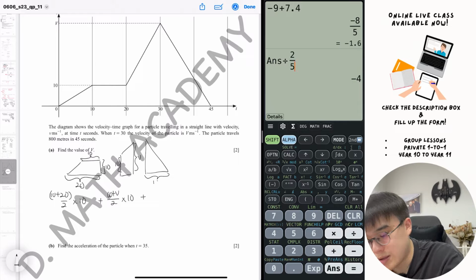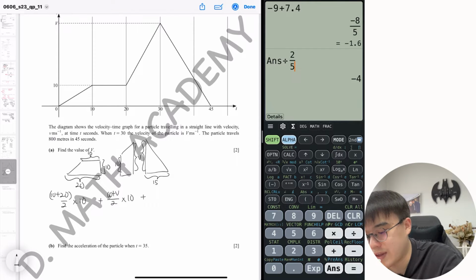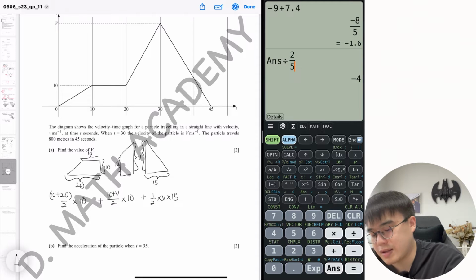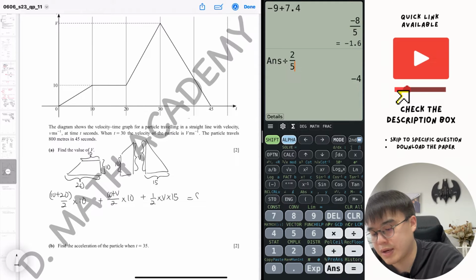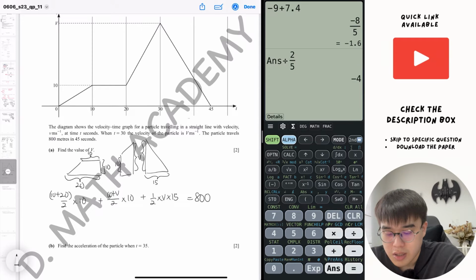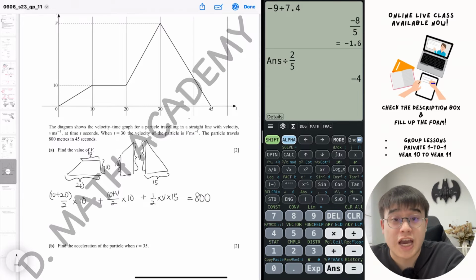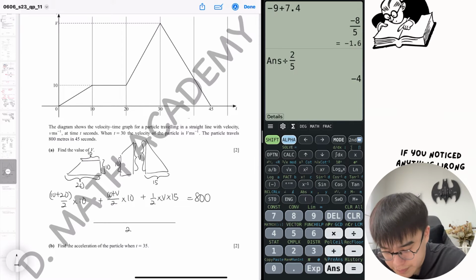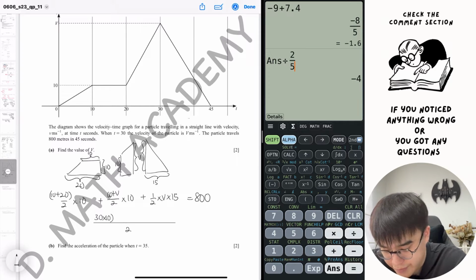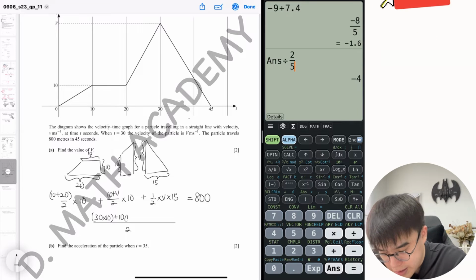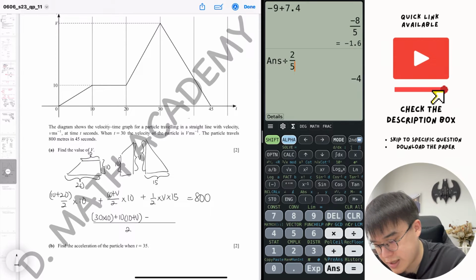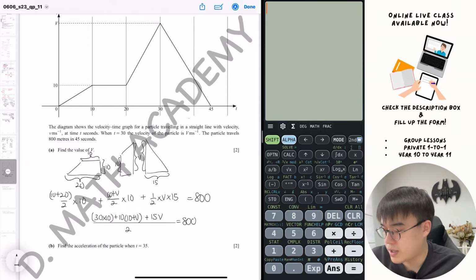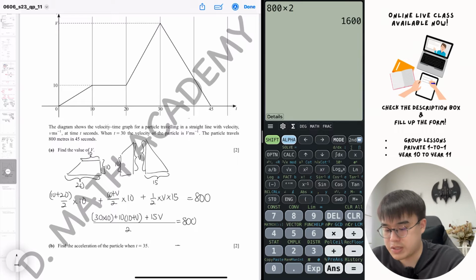This part is actually 15, and the height is v again. So half times v times 15. So this would total up and become 800. Apparently all of them share the denominator of 2, so you can straight away reorganize everything. You have 30 times 10 for the first group, a 10 plus v for the second, and then a 15v for the last. So 800 times 2 will be 1600.